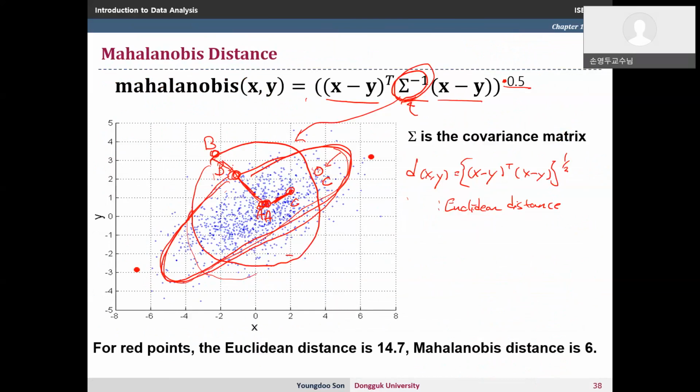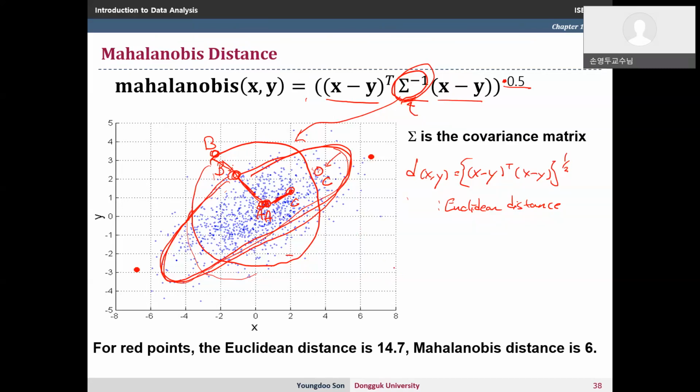Actually, it fits its data distribution to the Gaussian distribution, which has the elliptical form, and it is also approximated or considered as a right circle, so that it considers the distance inside that circle.